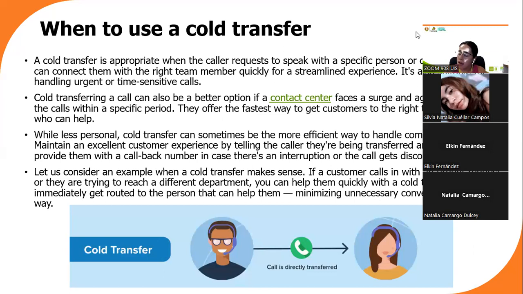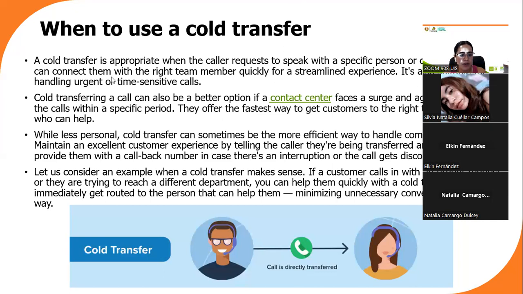You would say, okay, hello, sir, hello, ma'am, of course, allow me just a second. I will put you through their line, okay? And then this is call transfer, okay? When the customer specifically requests to speak to one department, you can connect them without having to speak to the other customer service agent, okay?